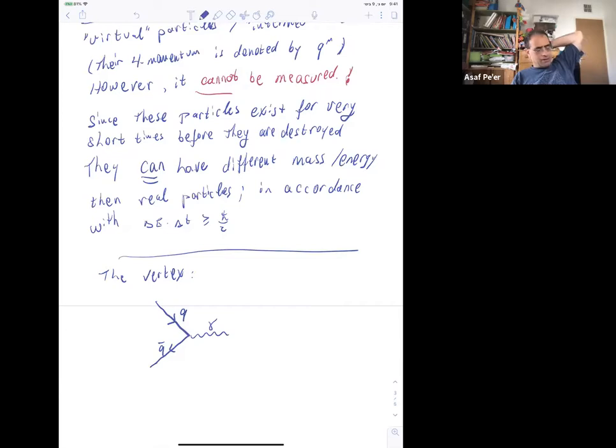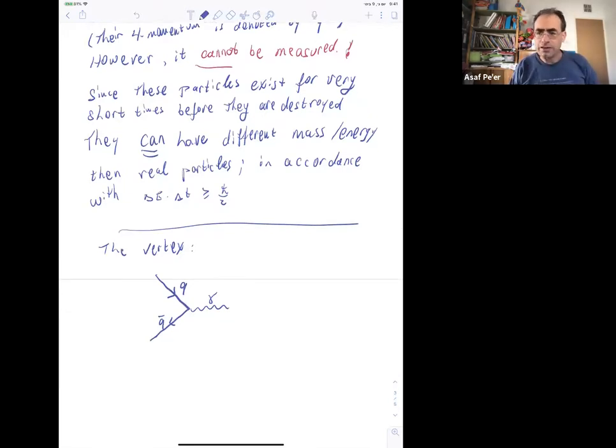But I saw that in all standard textbooks, they use the wiggly line like the photon to represent the weak interactions as well. So the W and the Z interactions are also represented by wiggly lines, same as the photons. The dashed line is reserved for the Higgs. That's become standard, so I don't want to confuse you about that. I just want to follow what is in the standard textbooks.